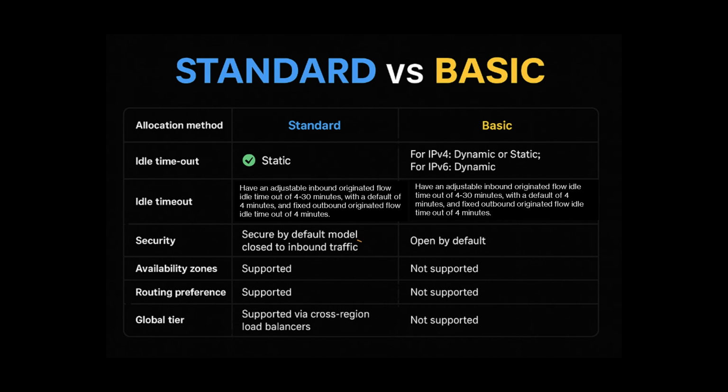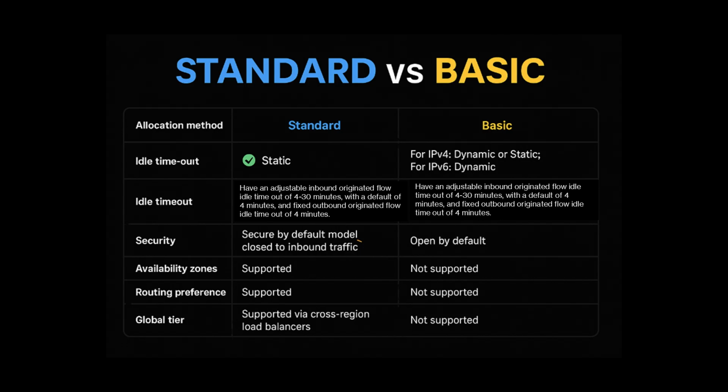In contrast, the basic SKU allows more flexibility. For IPv4, you can choose between static or dynamic, but for IPv6, it's always dynamic. Both SKUs support an adjustable idle timeout for inbound flows ranging from 4 to 30 minutes, with a default of 4 minutes, and a fixed 4-minute timeout for outbound flows.